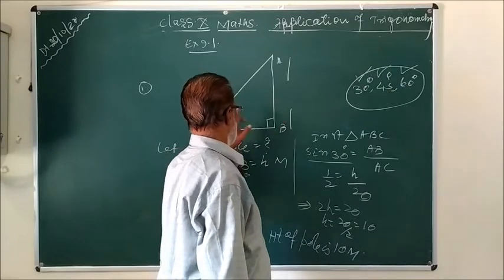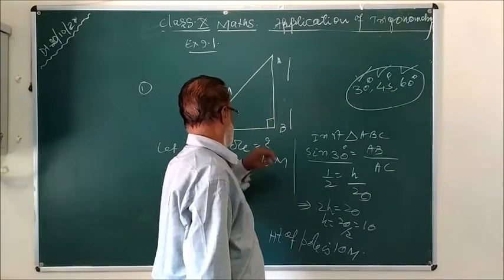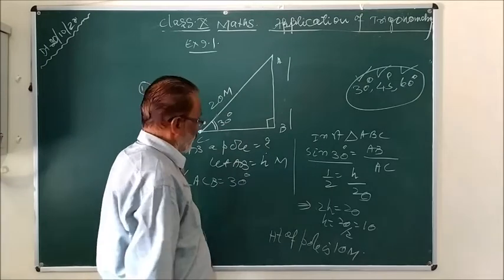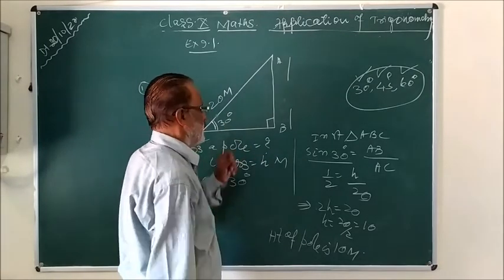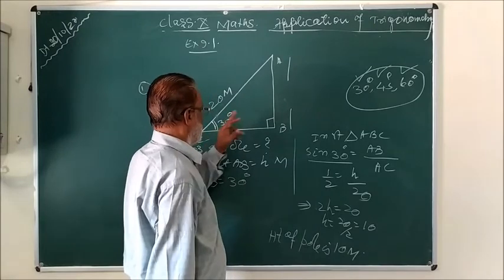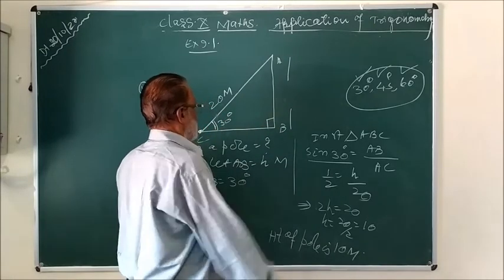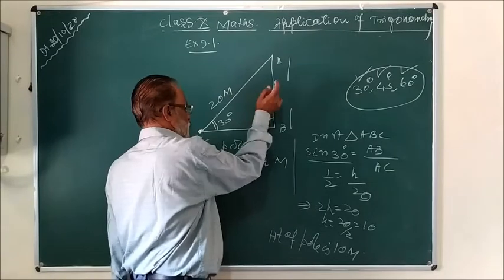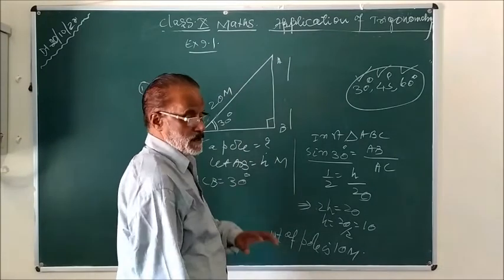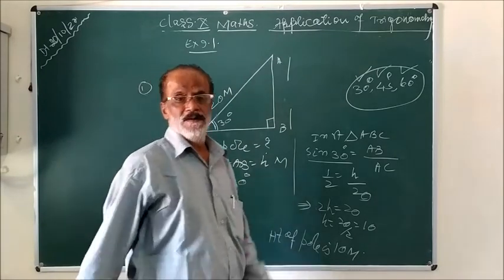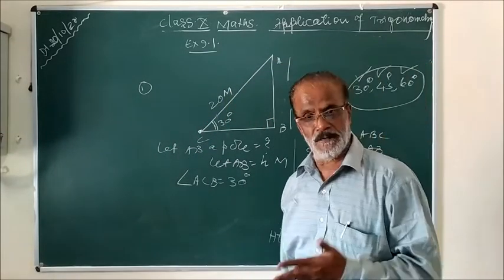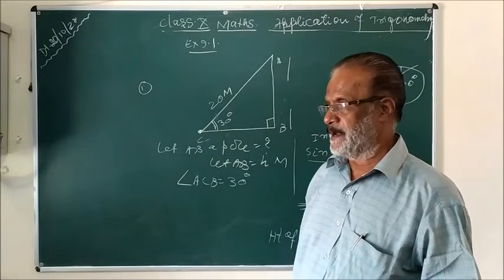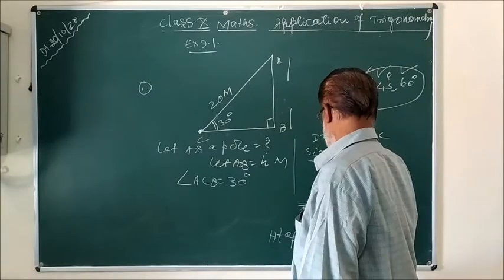So for this angle, we have P, B and H. Now you see what ratio we'll take. Sine 30, why have we taken sine? Because, sir, we have to find the perpendicular and we have been given H. So what is the relation of P and H? The relation of P and H is sine and cosec. If you take cosec 30, you can also find. If you take sine 30, as I have solved.